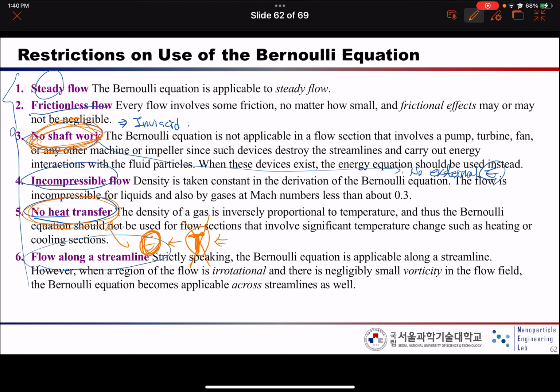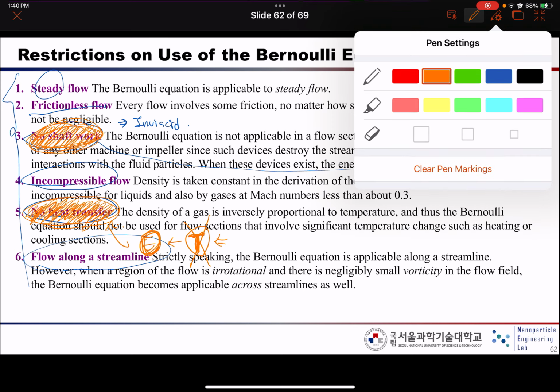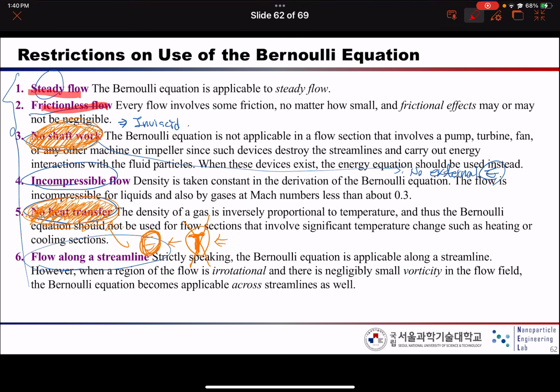So this one is the plus alpha concept for our lecture, okay? And except for these two concepts, no shaft work and no heat transfer rate, these four conditions you should always check before solving an example in a fluid dynamics lecture.